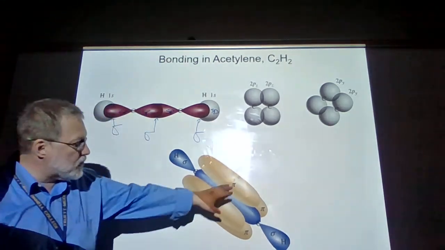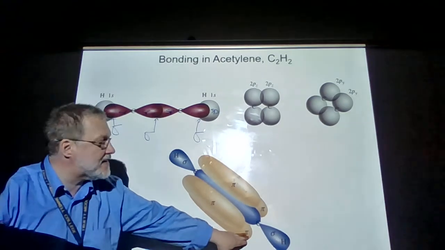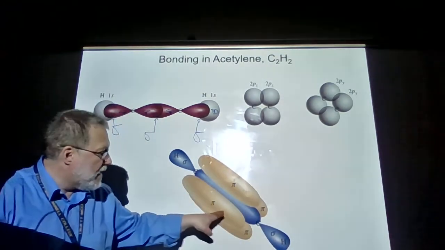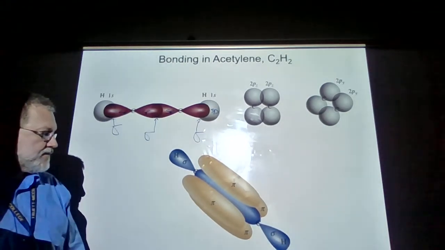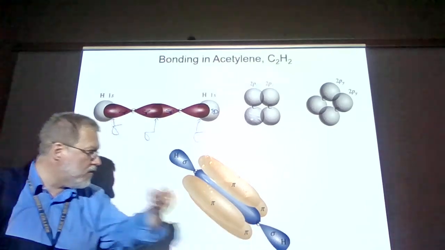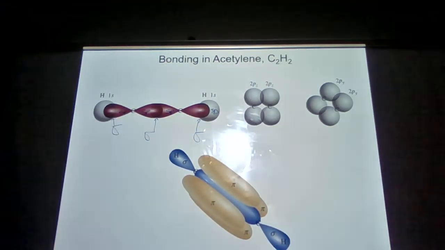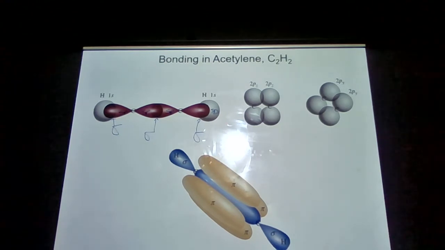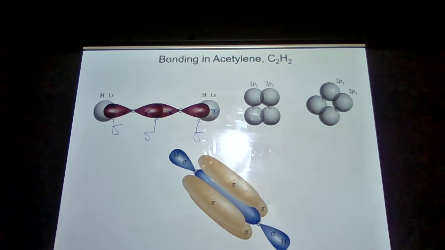We'll call this the pi z, if we can use that designation, and these are the pi bonds from the y orbitals. So we have the sigma bonding in blue and the pi bonding in yellow. This is the bonding that we have in acetylene. Acetylene is a linear molecule.